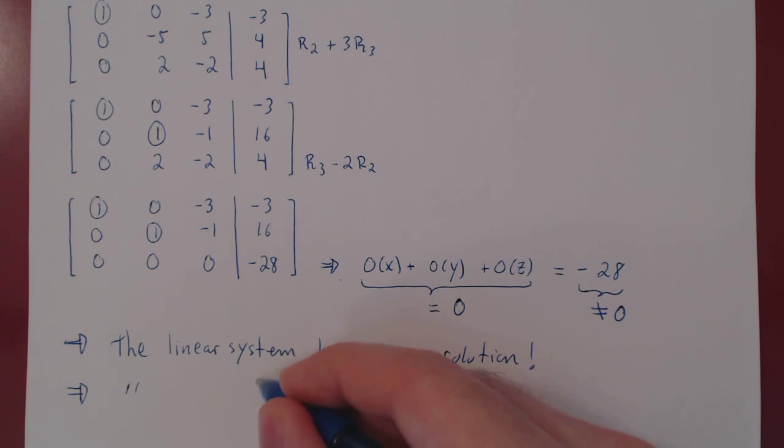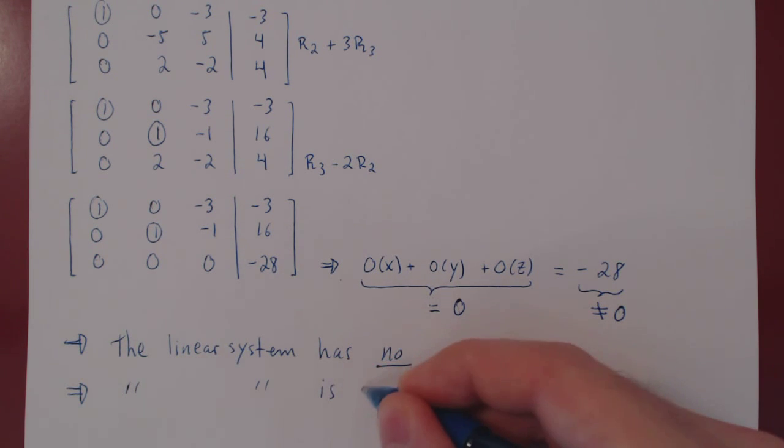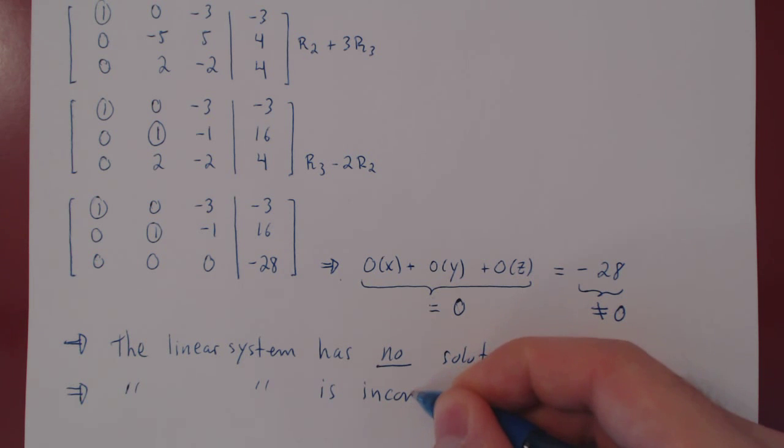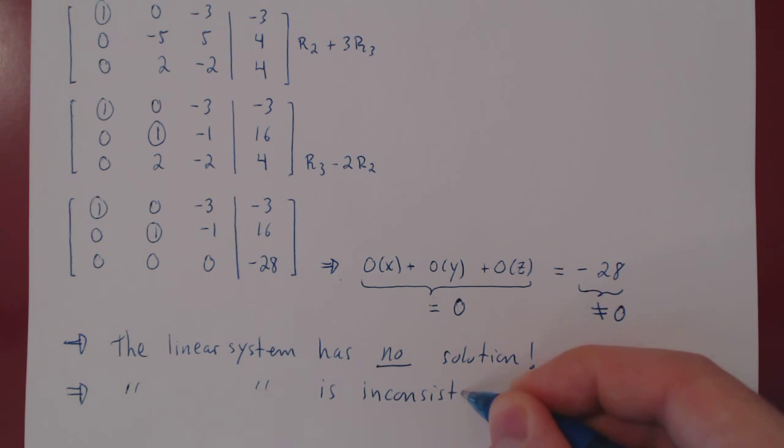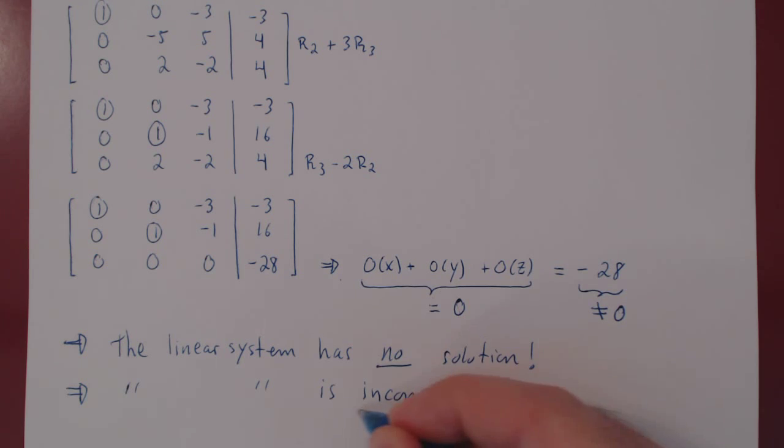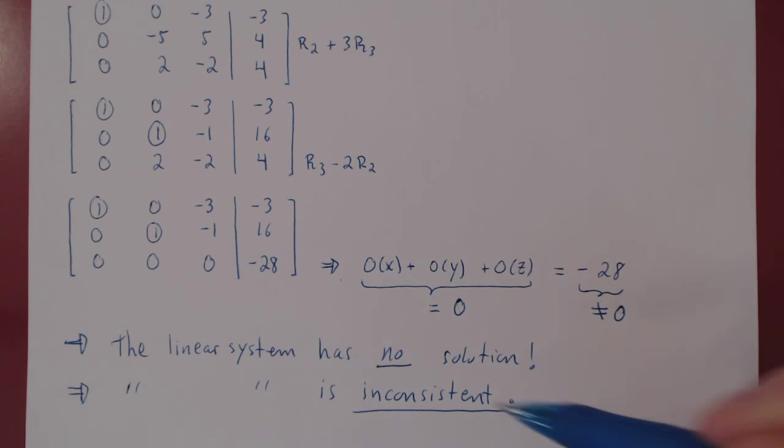Now, there's a technical term for a system that has no solution, and the term is inconsistent. So we see the linear system is inconsistent. Same thing as no solution. So if you ever say a system is consistent, then there is at least one solution. If we say the system is inconsistent, then there is no solution.